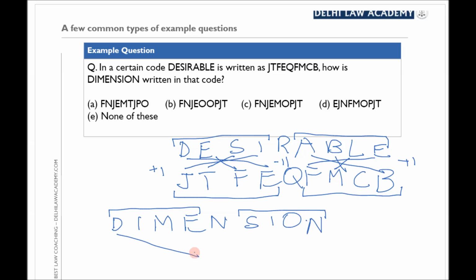So D becomes E, E becomes F, I becomes J, and M becomes N. Just the next character, guys, the next character after this one. So F, N, J, and this is supposed to be E: F, N, J, E. So already we can cross out choice D and choice E, because it looks like we are going to get an answer here. Now how about the last 4?